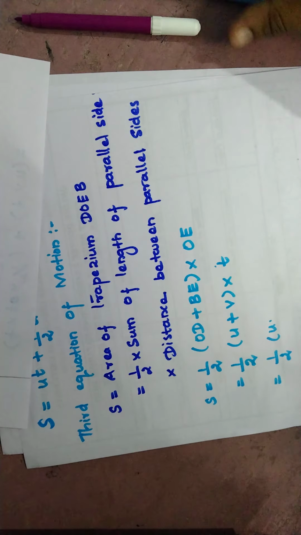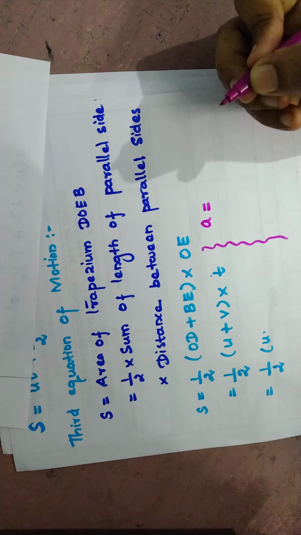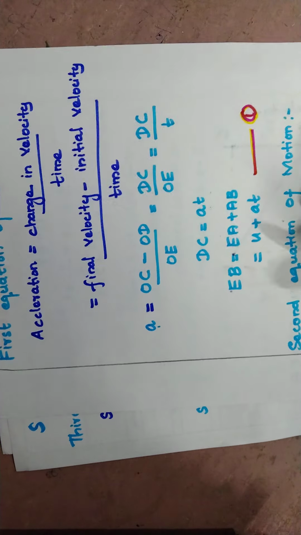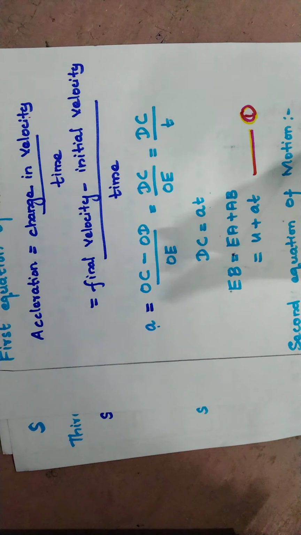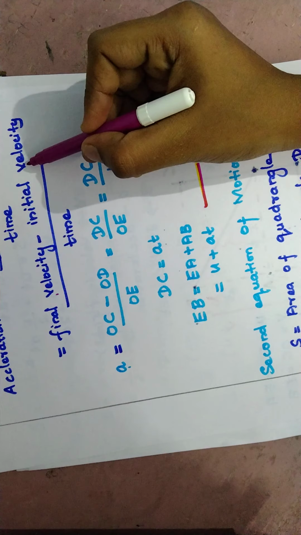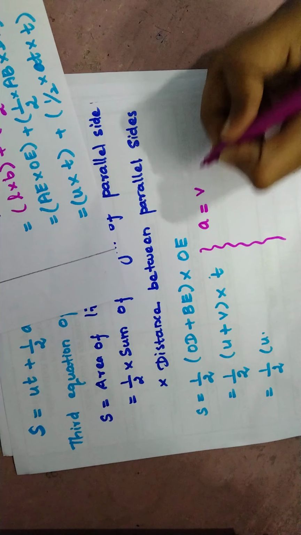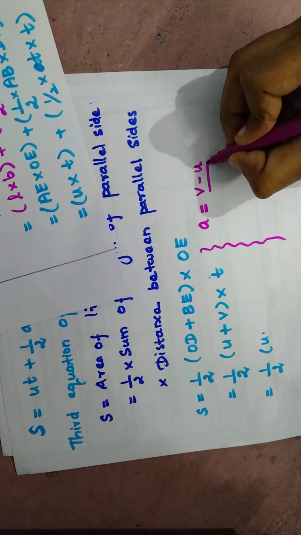In the same manner, we know that acceleration is equal to change in velocity divided by time. Change in velocity means final velocity minus initial velocity. Final velocity we write as v, and initial velocity we write as u, divided by t.